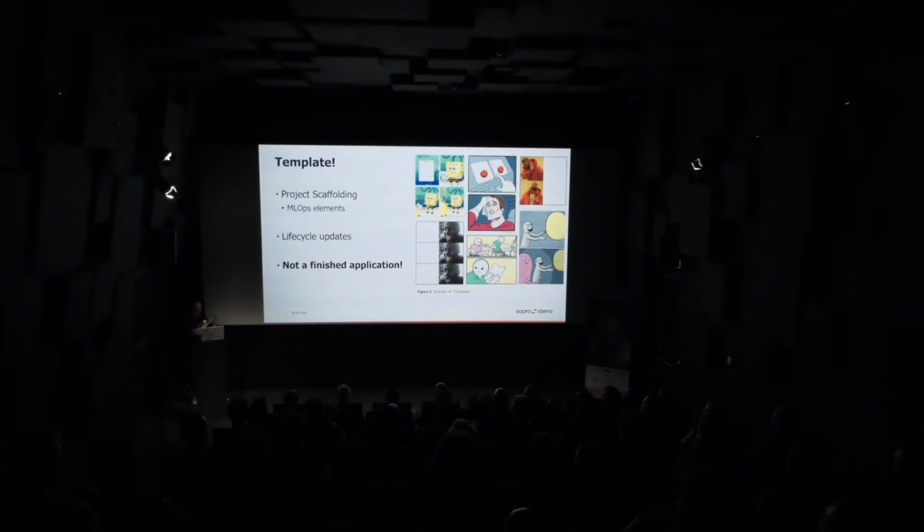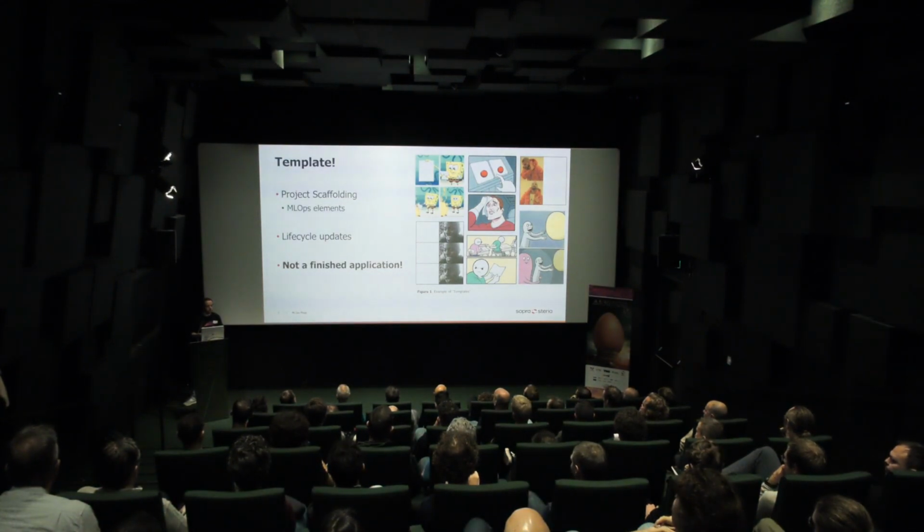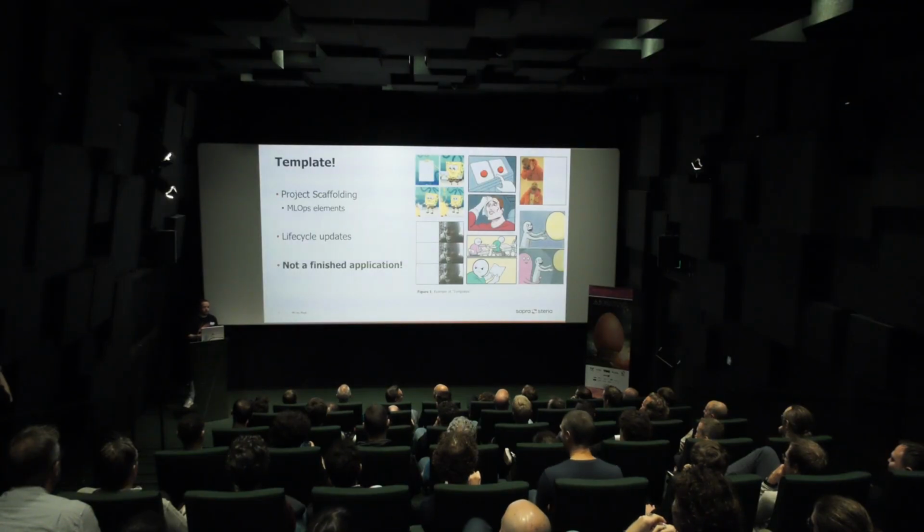So your base template lives somewhere, and if you make some update or changes to it, then you want your projects that use this template or have already used it to also be able to receive any updates. So you need to be able to roll it out. It's important to remember that it's not a finished application, and this room is a little bit of a disco, so hopefully it's not too distracting.